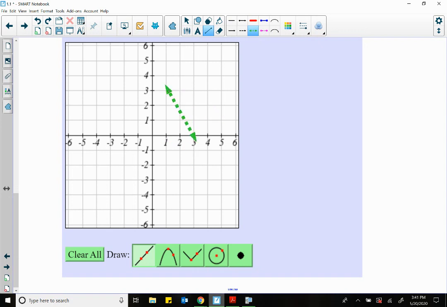Okay, and your second click should be the next intercept, which is 2, 0. And once you click on that second one, the line will solidify. In fact, the line will actually go all the way across your graph because I'm not really using the correct line tool here. You're just seeing where I clicked and let off. But again, this takes 2 clicks to complete this problem.